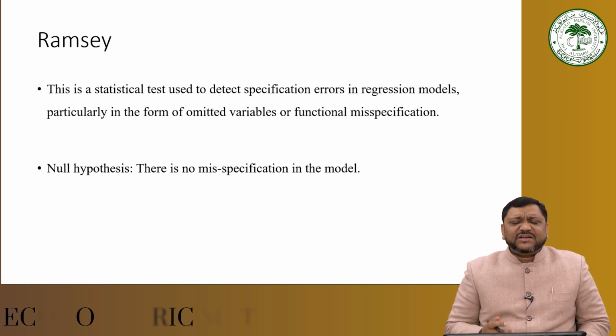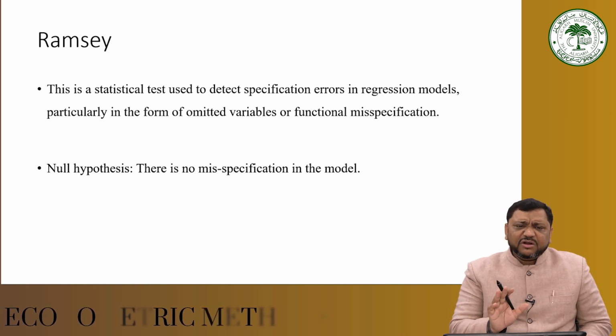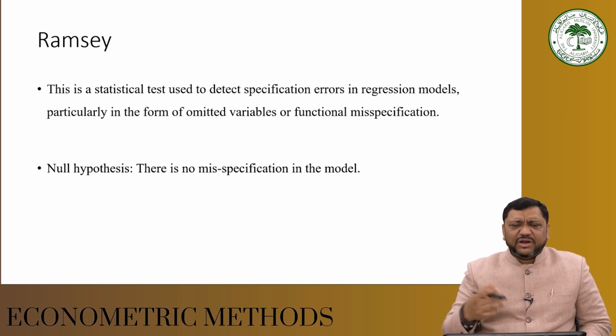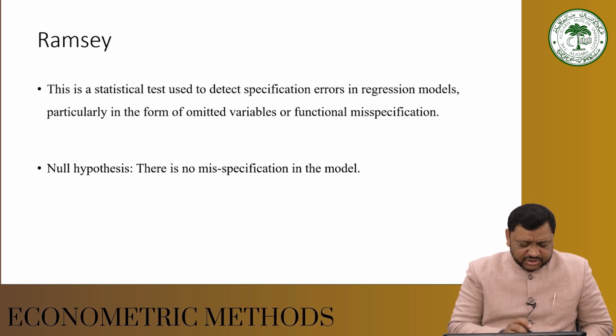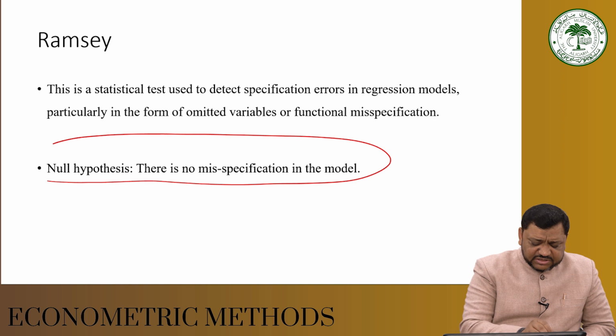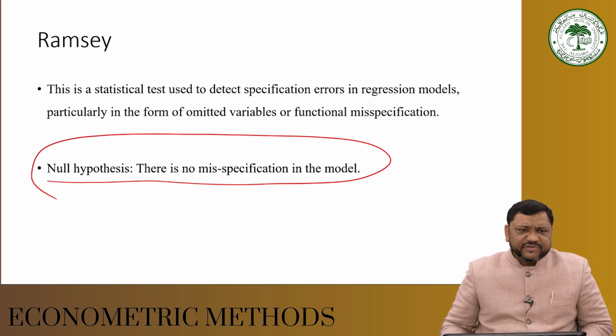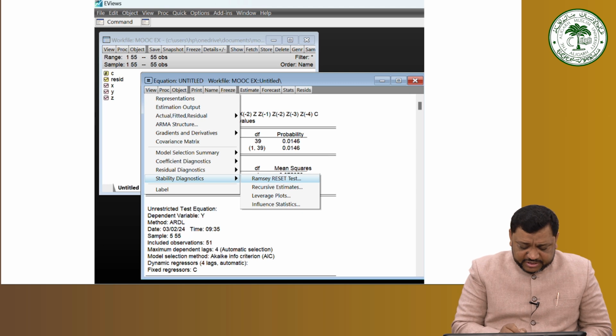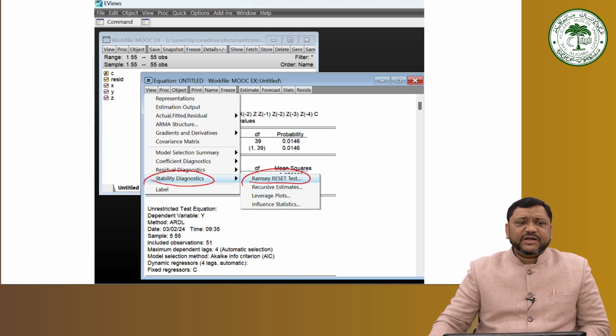Now, this is a statistical test used to detect misspecification of the model, an omitted variable or a functional specification. Here the null hypothesis is there is no misspecification in the model. The Ramsey RESET test can also be done from here only, Stability Diagnostics, Ramsey RESET test.